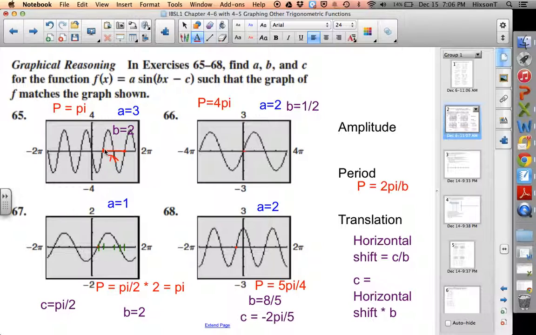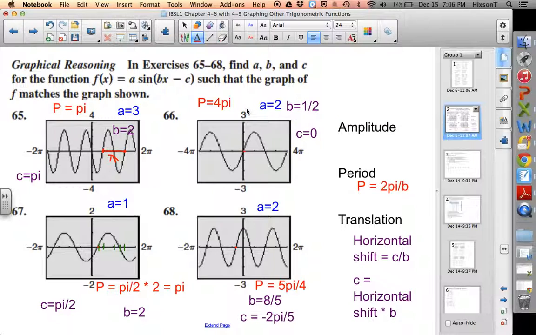For 65 up here, it's shifted to the right pi over 2. So pi over 2 times 2 is going to be pi. So C equals pi. And then on number 66, this one wasn't shifted at all. So in this case, C equals 0.